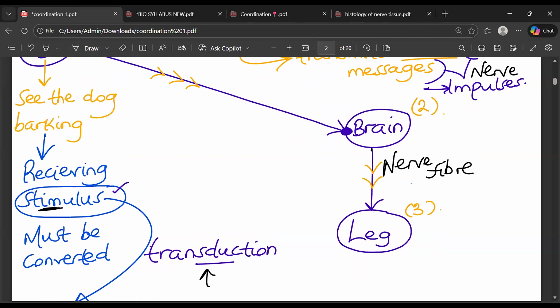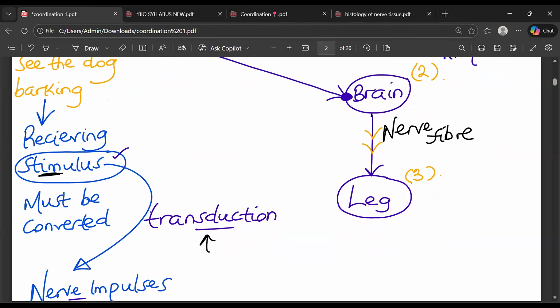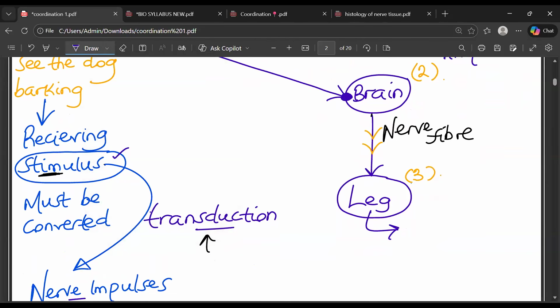I think we shall do some other sketch. Let me just write the basic things. Now, this leg, remember, you've heard of things like responding to stimulus, responding.